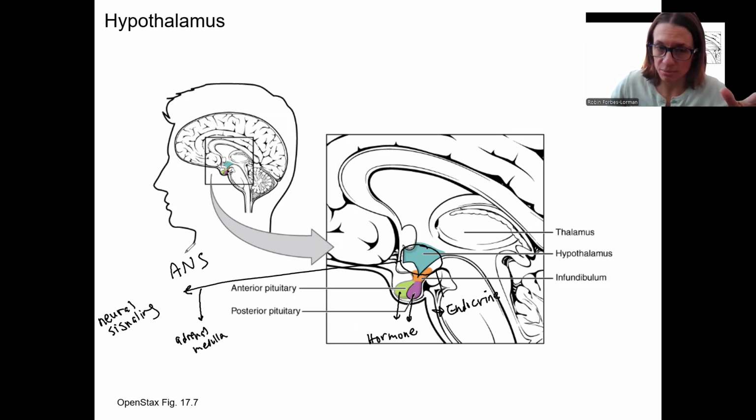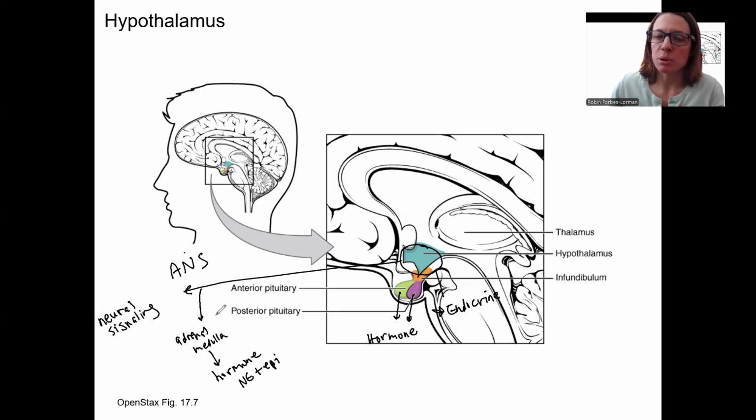This is a nervous system response. The adrenal medulla releases hormones, norepinephrine and epinephrine. So in that case, the hypothalamus is a control center for the autonomic nervous system, which indirectly results in endocrine hormone release. But its role in the ANS is not as an endocrine organ itself.